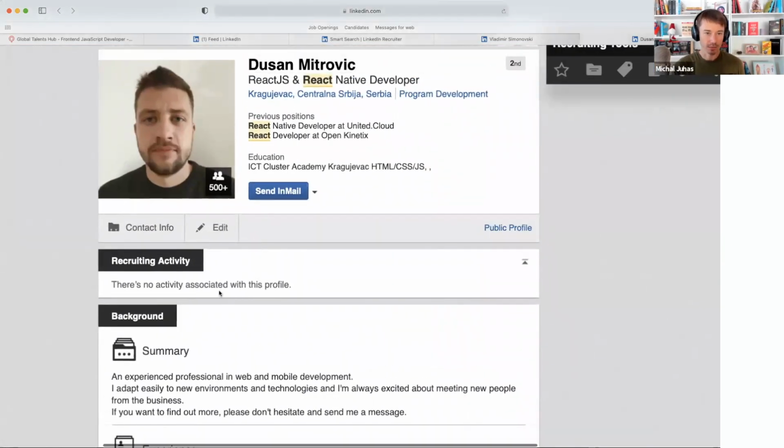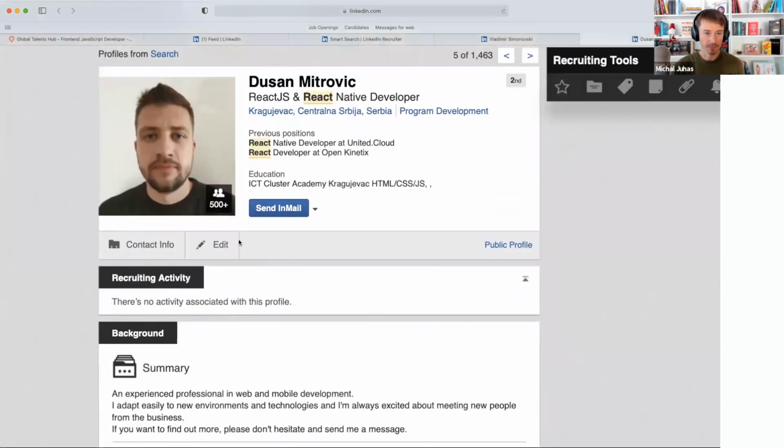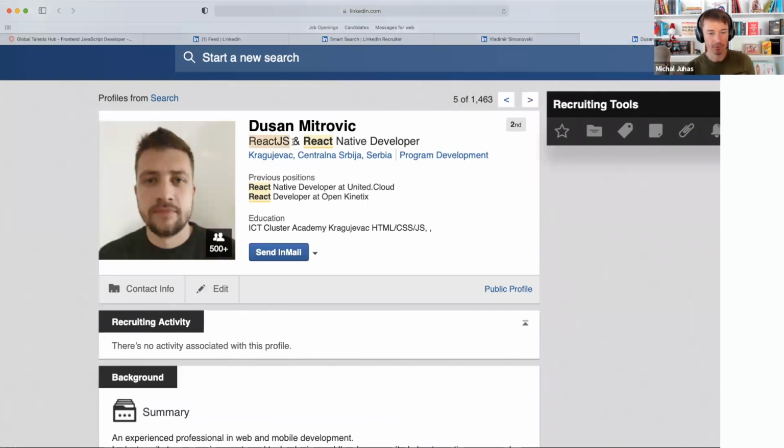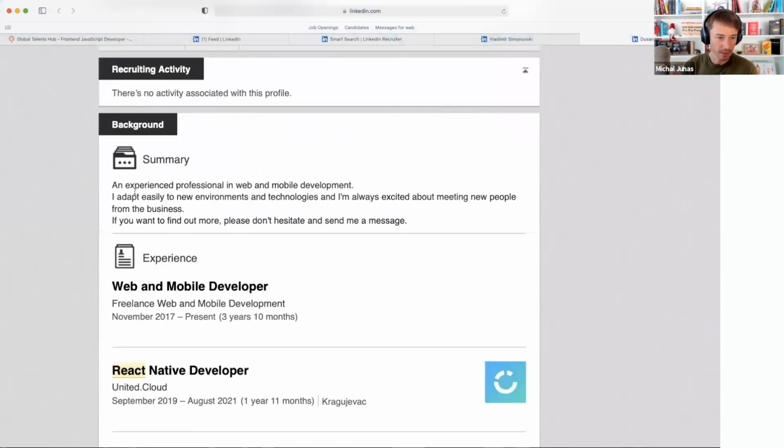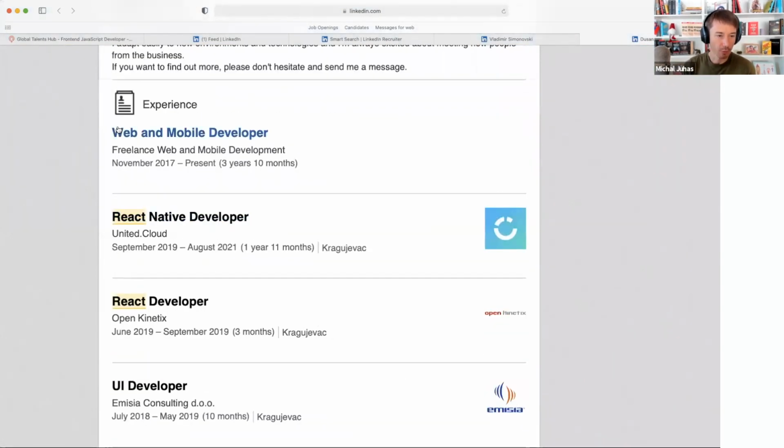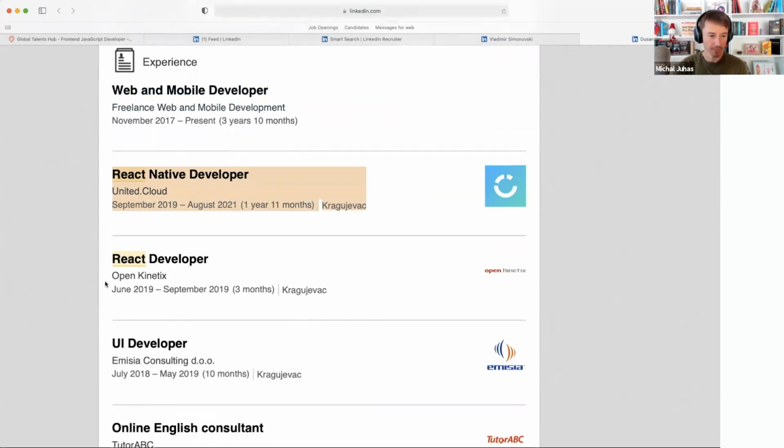So React JS. Interesting. He wrote both React.js and React, and I think he did it intentionally. Oh no, sorry, it's React Native then. So forget it. Web and mobile developer, React Native developer. So he created mobile applications for iOS and Android.